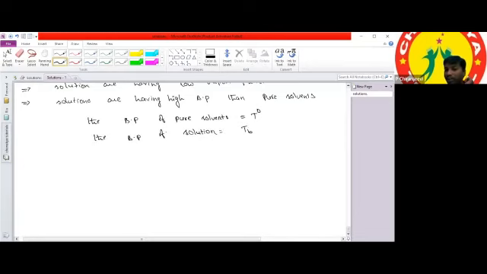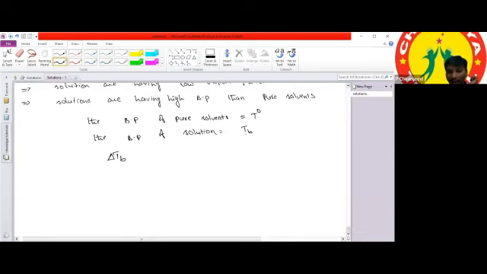Okay, so based on this, let us see. The difference between the boiling point temperature of the pure solvent and the boiling point temperature of the solution, we usually call the elevation of boiling point temperature.